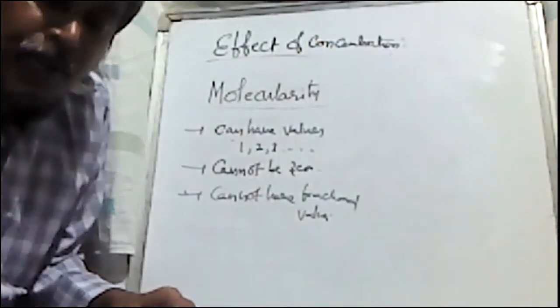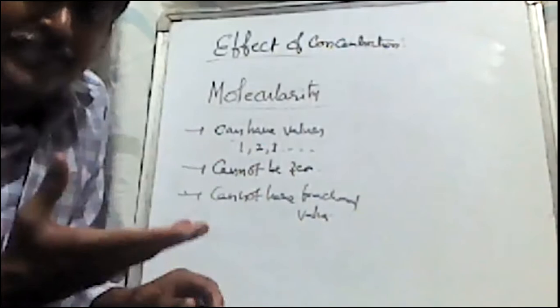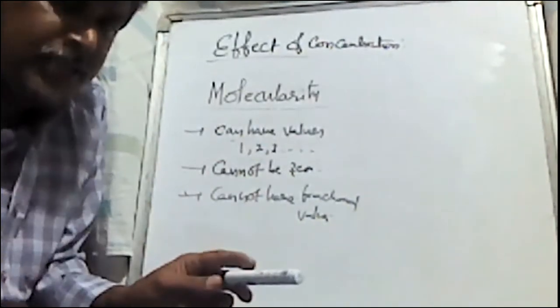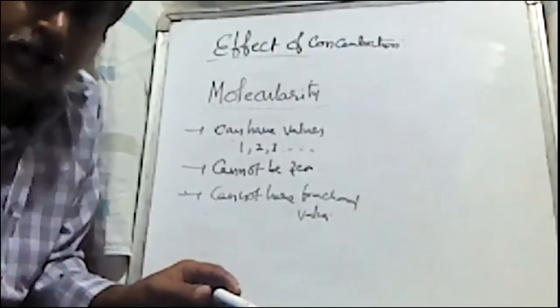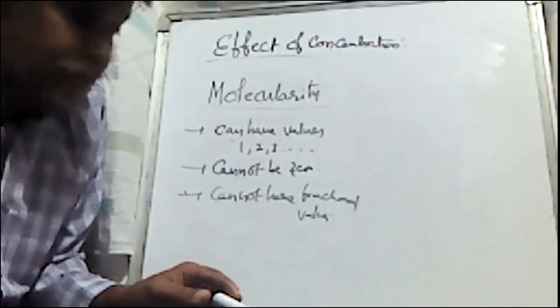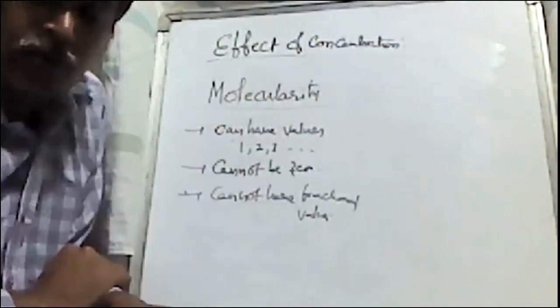For example, take the molecularity for a class; just now I told you 100 people are there. Now, what is the molecularity? 100. Just by counting I can say. You see, it can have values 1, 2, 3 and so on.